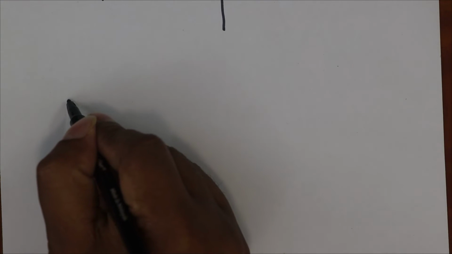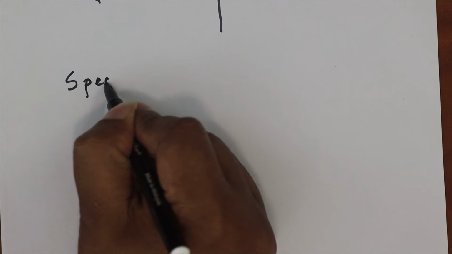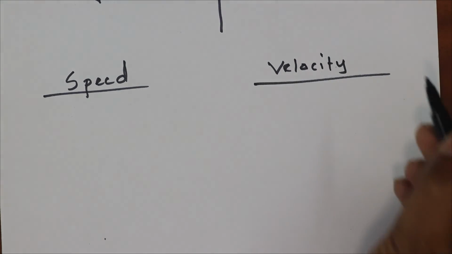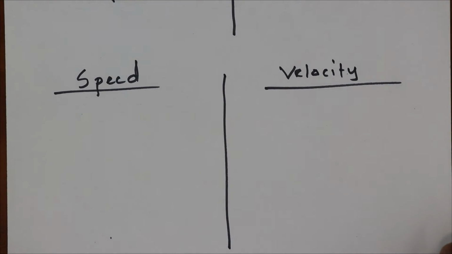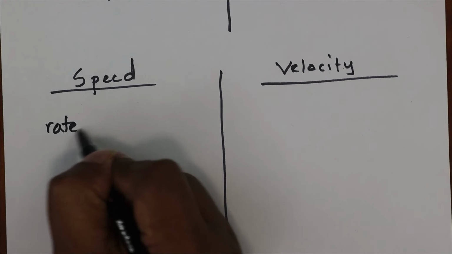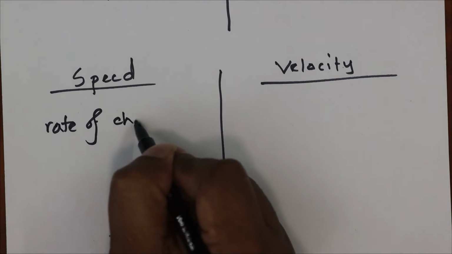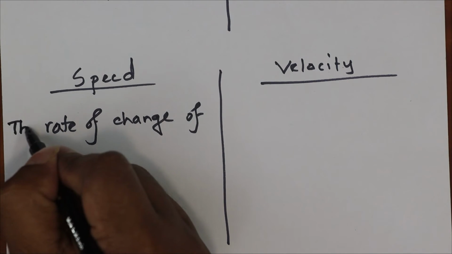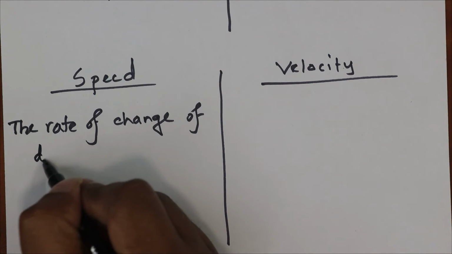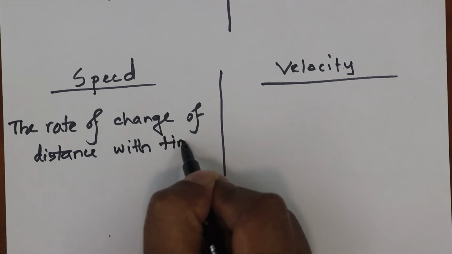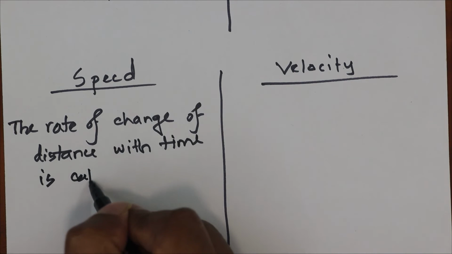Now we have to learn about speed and velocity. What is speed? The rate of change of distance with time is called speed.